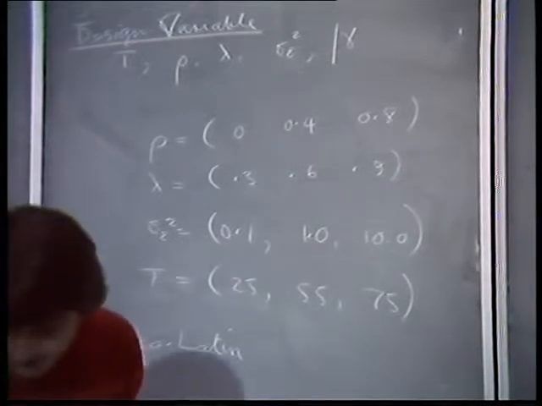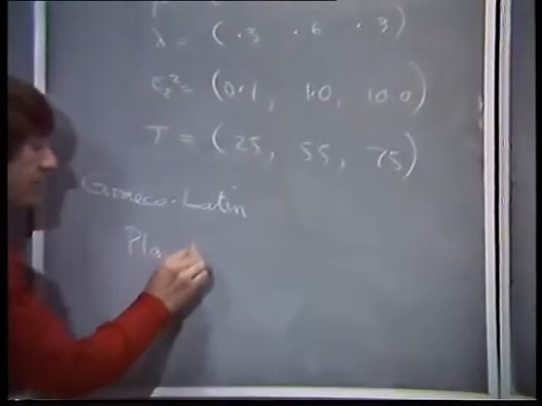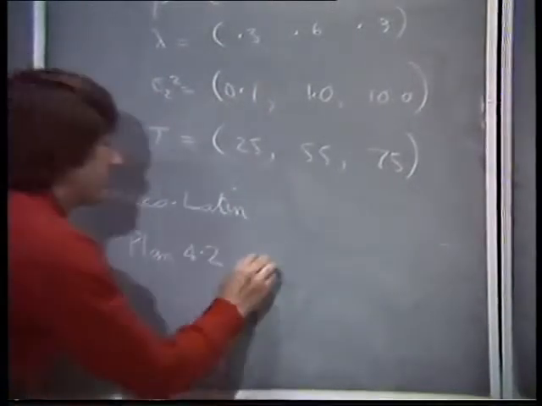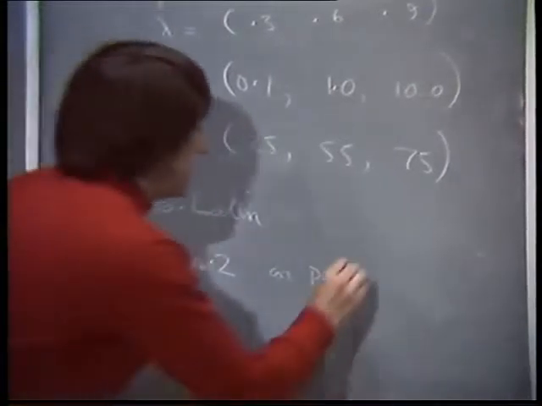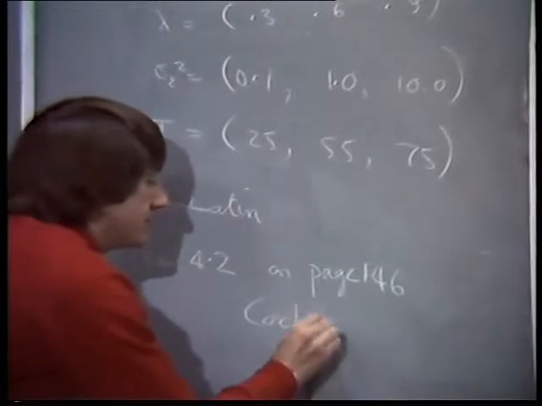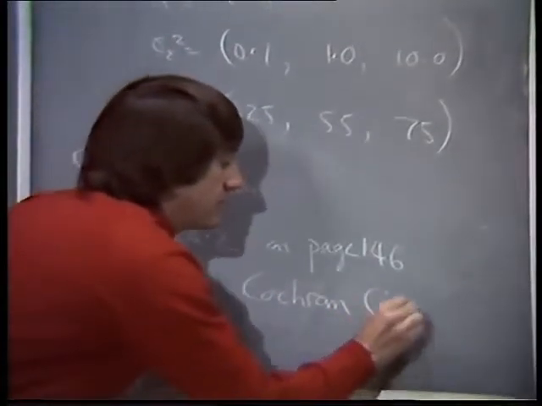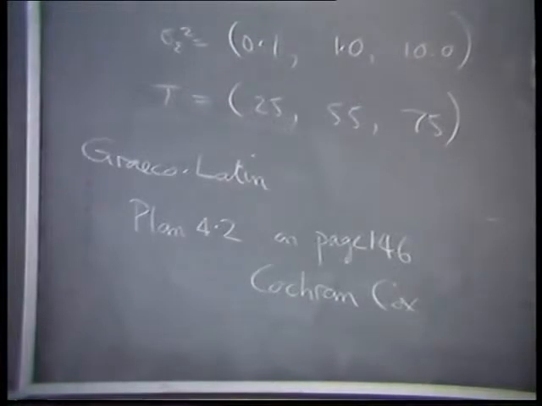And in particular, we took plan 4.2 on page 146 of Cochran and Cox's book on experimental designs.